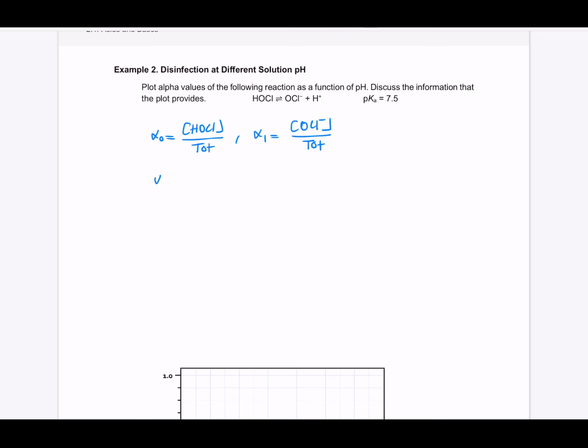Also, we know that alpha 0 is H plus over H plus Ka, and alpha 1 is Ka over H plus Ka.